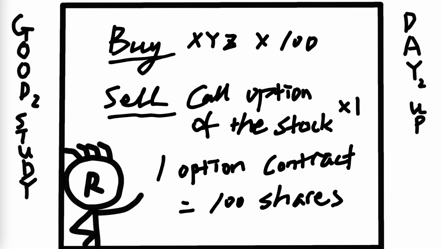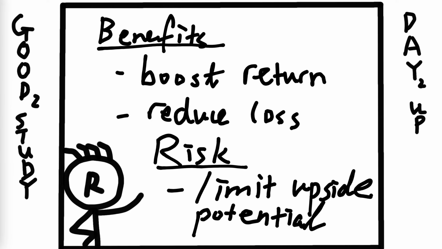Note, one option contract represents 100 shares of stock. The benefits are that it can boost your return and reduce loss. The risk is that you're actually putting a cap on the potential return. I'll demonstrate it by using a real-life example later in this video.